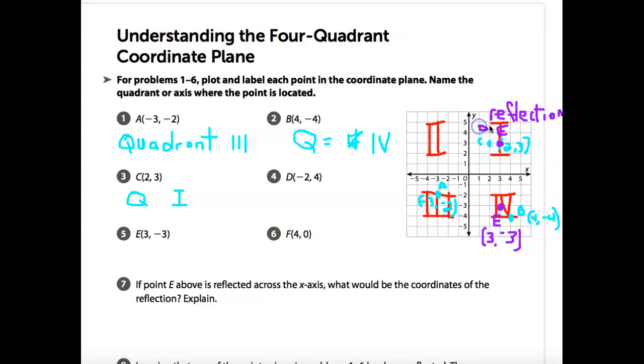Of E, all right? So we just reflected the same distance over the x-axis. All right, so let's go ahead and make an explanation for that.